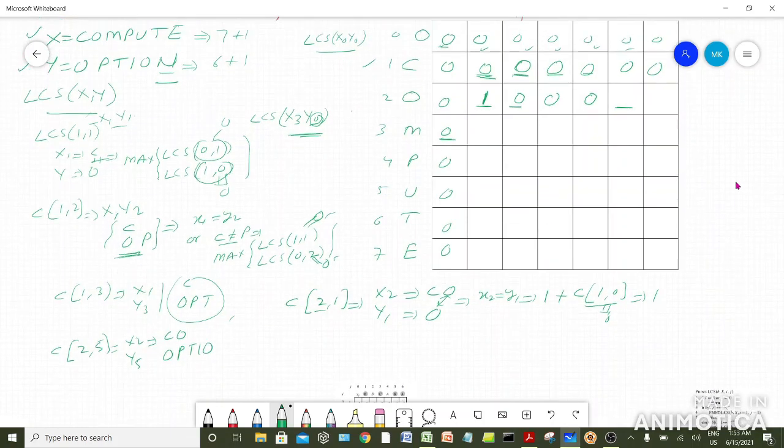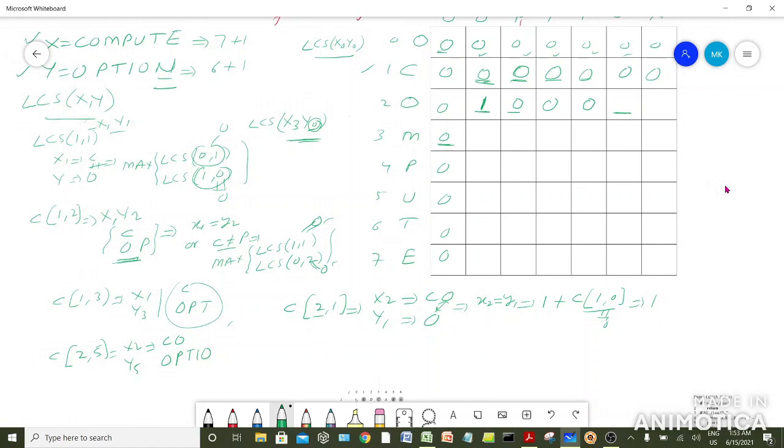Fine. So these are the two strings. Now try to find their LCS. For finding LCS, we need to compare x2 with y of 5, which is equal. If it is equal, condition number 1 will be followed. Condition 1 says that we need to add 1 to the LCS of i minus 1, which means 1, and j minus 1, which means 4.